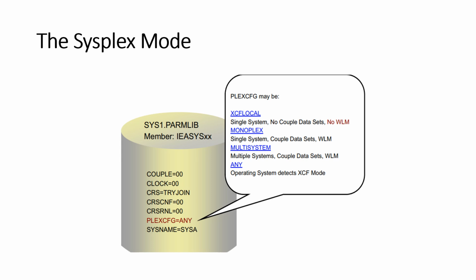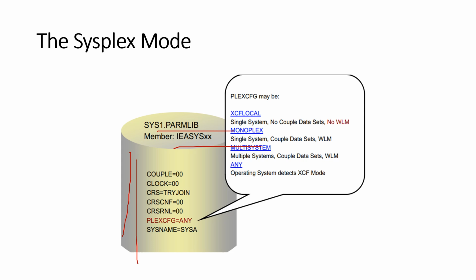So our next topic is Sysplex mode. So the SYS1.PARMLIB member is IEASYSxx. Below here all the PARMLIB members are listed, and all members play a major role when using a Sysplex.